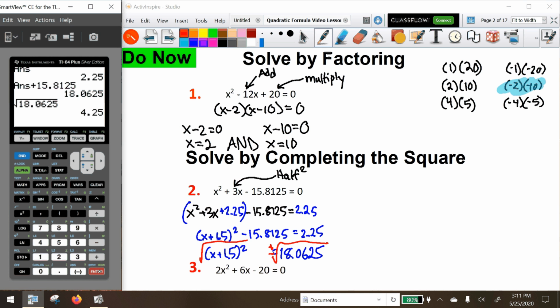All right, that worked out relatively nicely. That's 4.25. So we have x plus 1.5 is equal to 4.25. And of course, the negative answer to that square root, x plus 1.5 is equal to negative 4.25. Now we have to solve each one of these independently by subtracting 1.5.